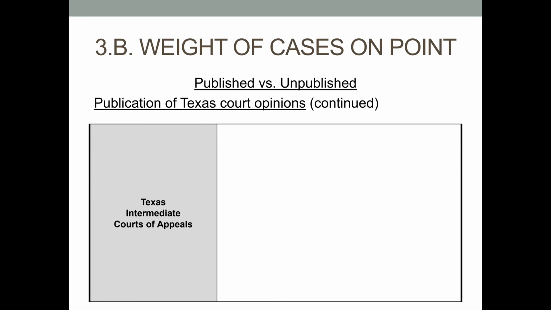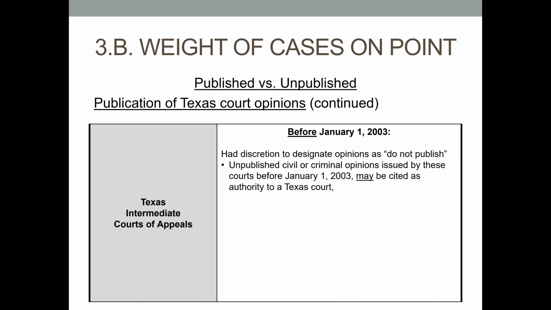Now, when we get to the Texas Intermediate Courts of Appeals, as always happens with the Texas Intermediate Courts of Appeals, things get a bit more complicated because the rules changed. Before January 1st, 2003, the Texas Intermediate Courts of Appeals, the 14 of them, had discretion to designate their opinions on a case-by-case basis as do not publish.